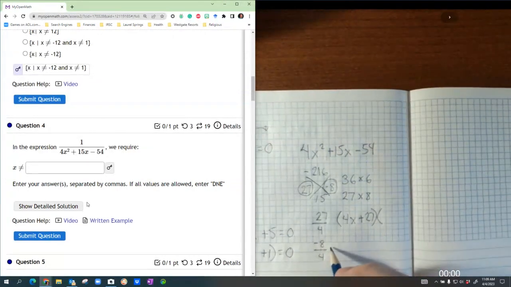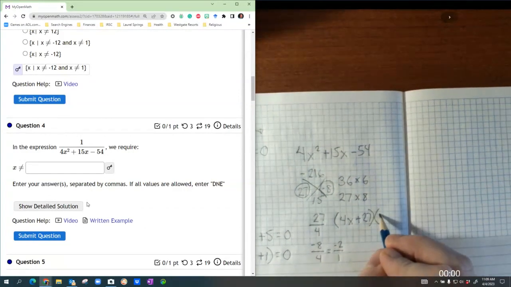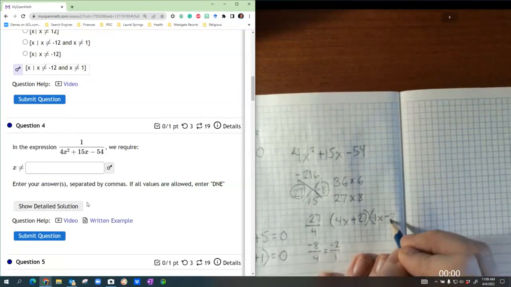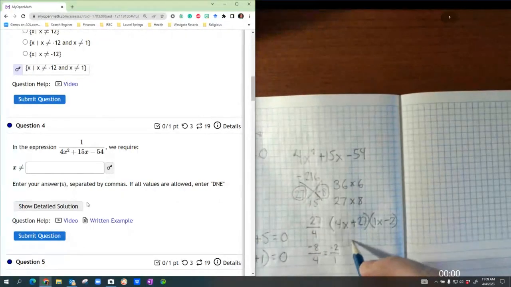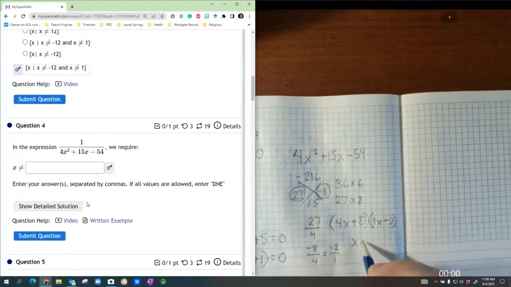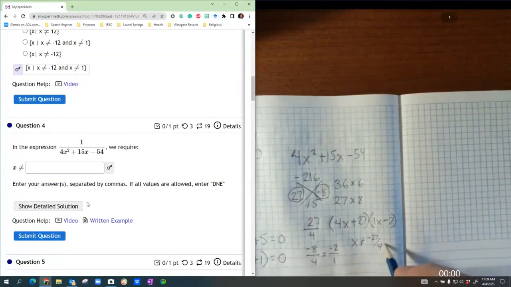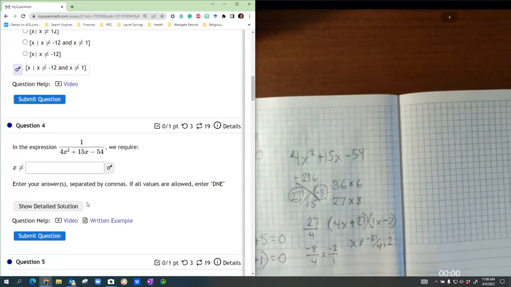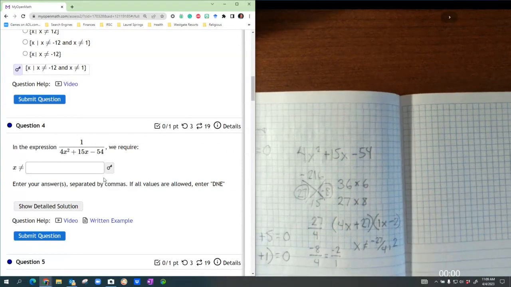The other reduces to negative 2 over 1, giving us x minus 2. So the values of x cannot equal negative 27 over 4 and positive 2. That's our answer.